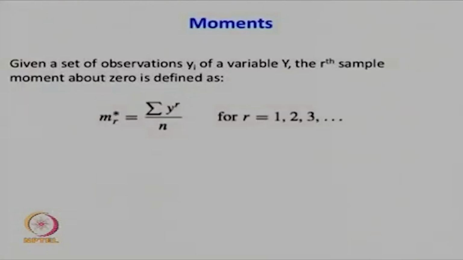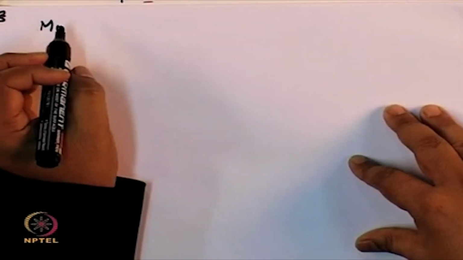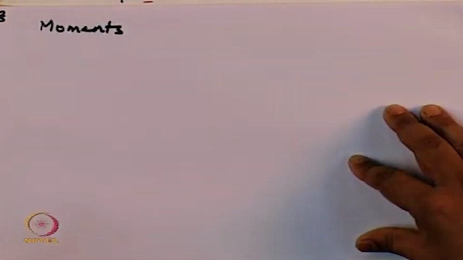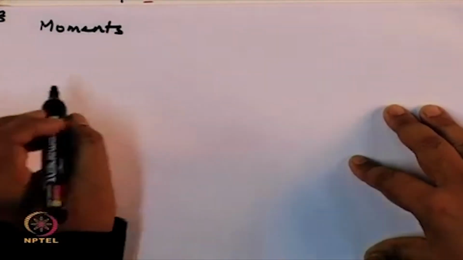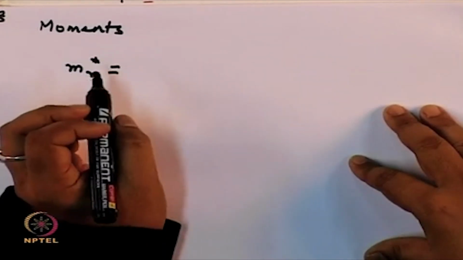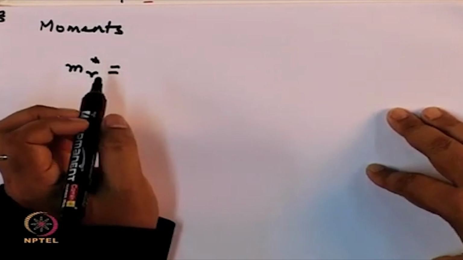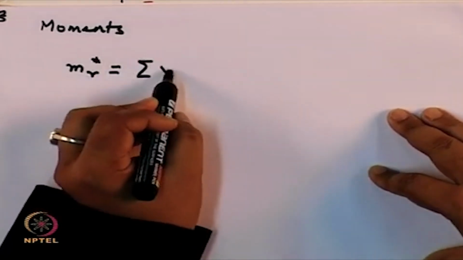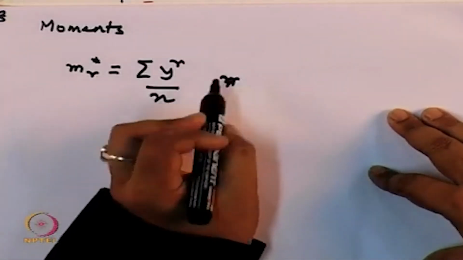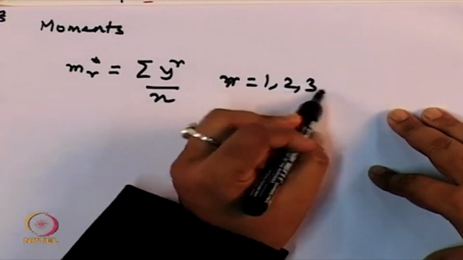Now we come to another interesting concept of moments. Pearson was the first statistician to make use of moments to describe data. Now how is a moment defined? Moment about any variable about 0 is defined as summation y to the power r by n, where r can have the value 1, 2, 3, any value.